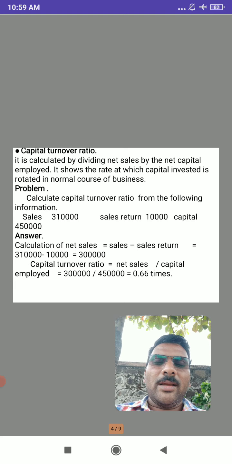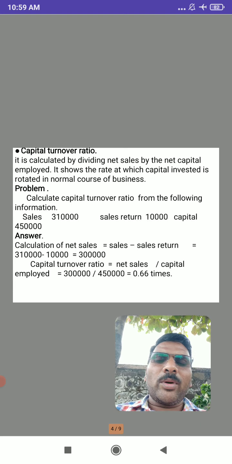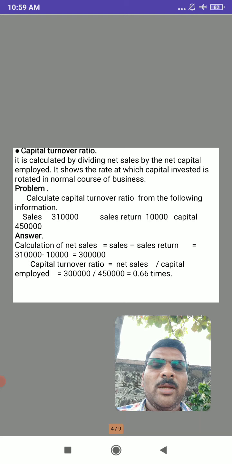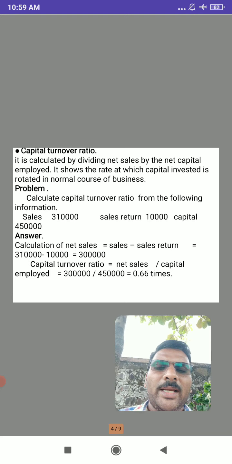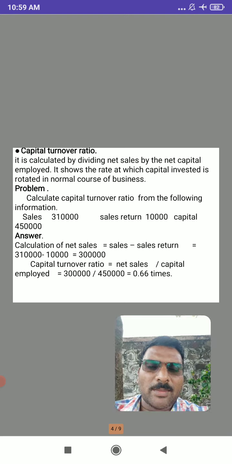So we have to see whether the capital employed is readily given in the problem, or we have to calculate it. Working note is important. Here in the problem it is clearly given that capital employed is 4,50,000, so there is no question of calculating the capital employed separately.